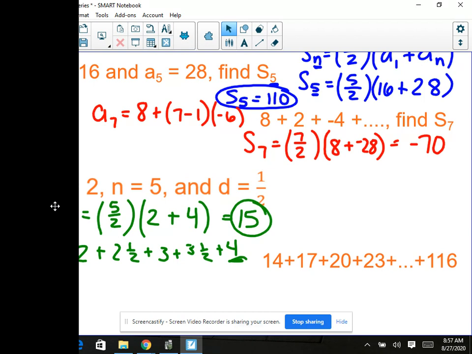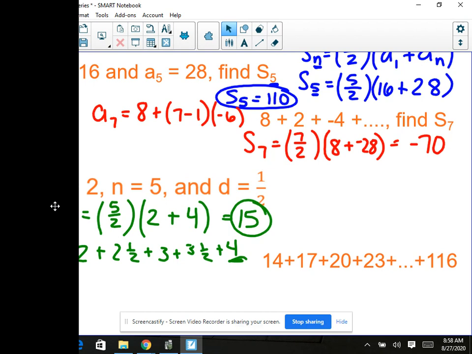Okay. So if I really, really wanted to, I could keep adding 3. That's not really a shortcut. What I could do is use the formula from the other day, find out what term number 116 is, and then go from there.